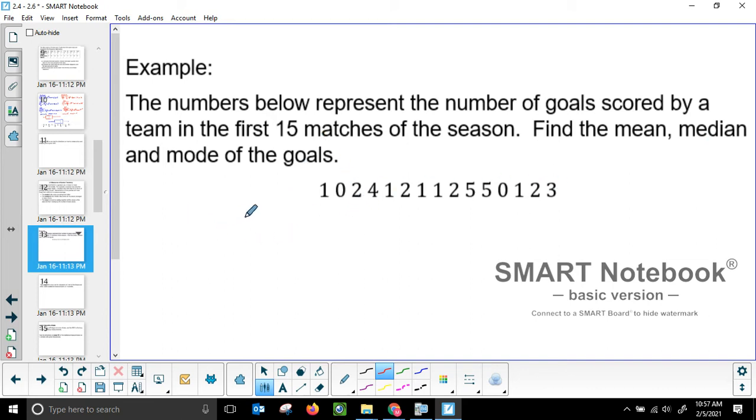So we want to put these things in order.